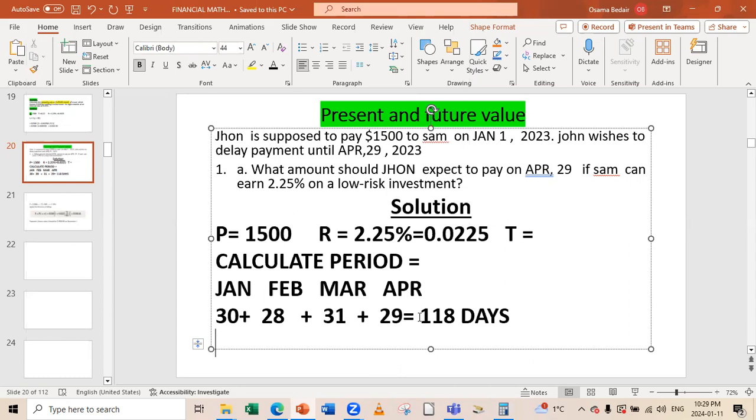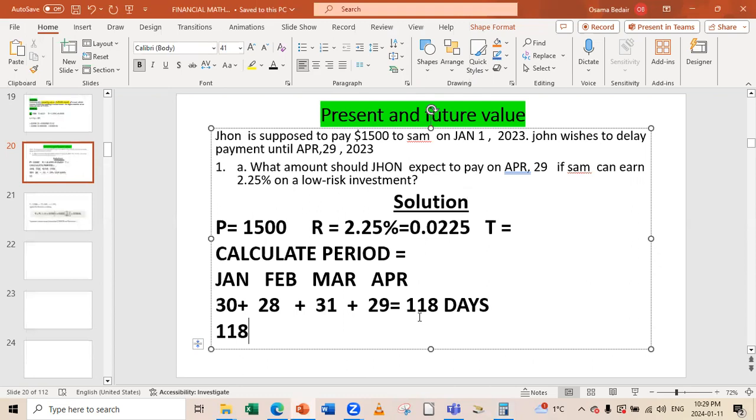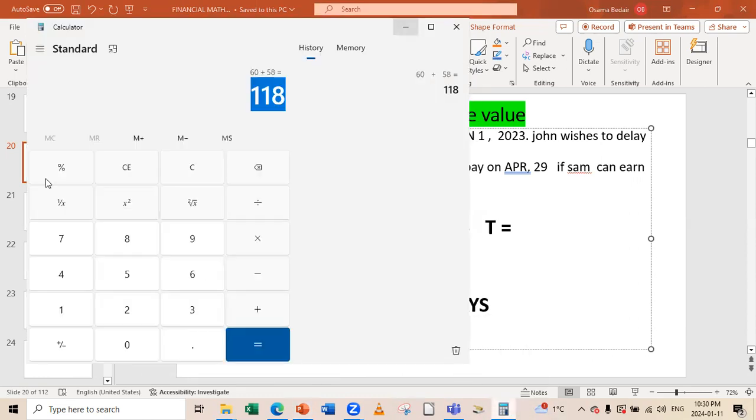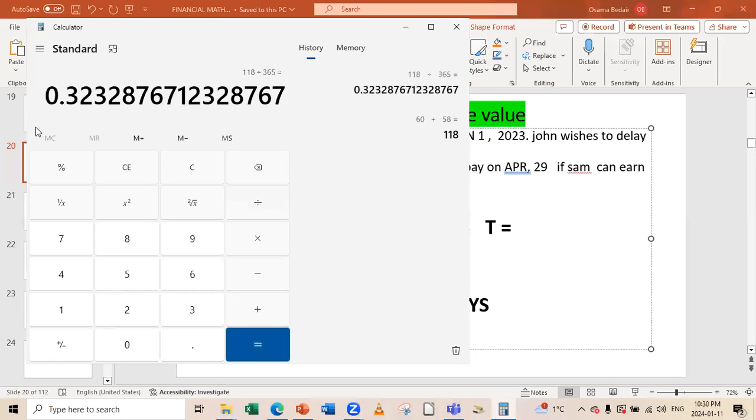Because we said it's annually, 118 divided by 365 days. I will do it with the calculator again, 118 divided by 365, that will give me 0.323.